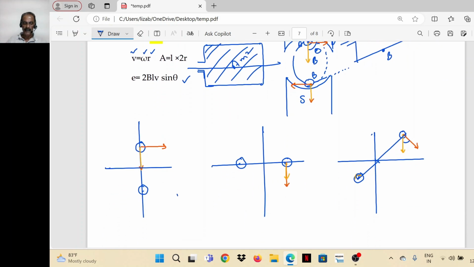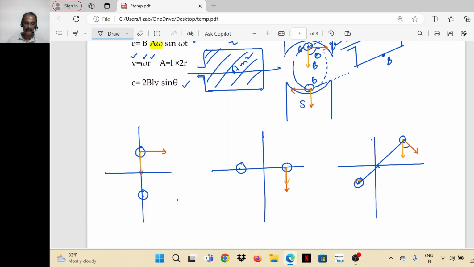So this is the first figure. Here the linear velocity vector is towards right and the flux density vector is downward. So theta is equal to 90 degrees now.